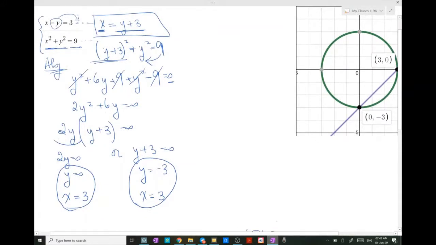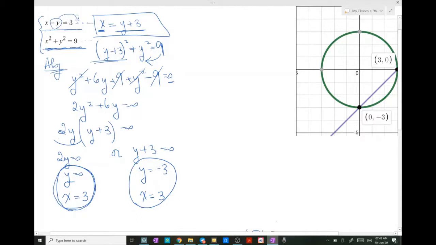If you take the first solution and replace it in equation 1 and equation 2, they will be satisfied. So x equals 3, y equals 0 satisfies equation 1 and equation 2 at the same time. And the second one is x equals 3, y equals minus 3.